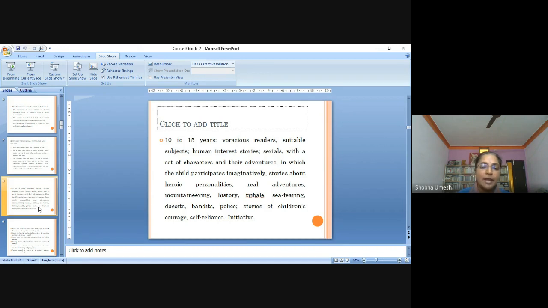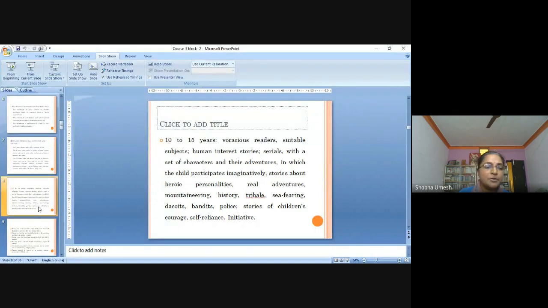So they want more adventurous or heroic deeds in the stories, where a police is chasing bandits or thieves or dacoits, or seafaring voyages, adventurous. So something realistic they prefer to study in the age group of 10 to 15.